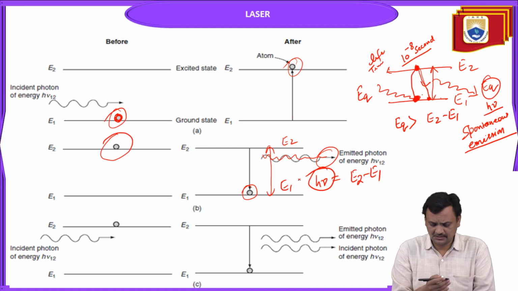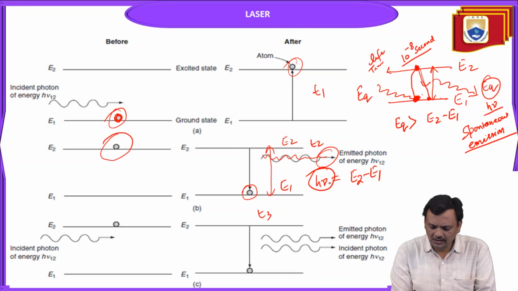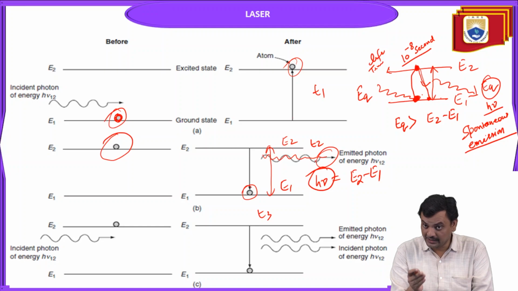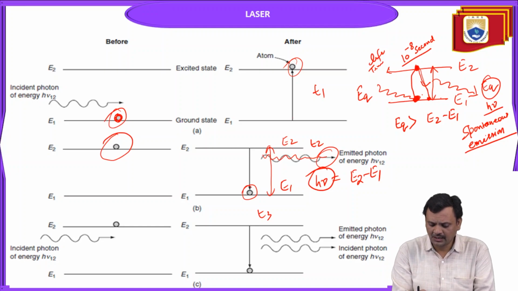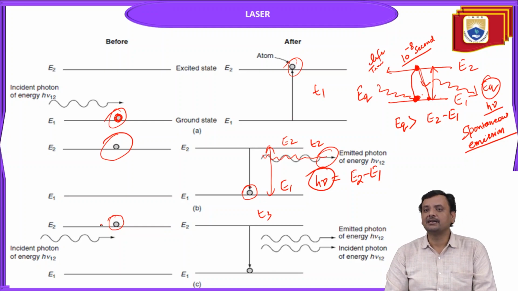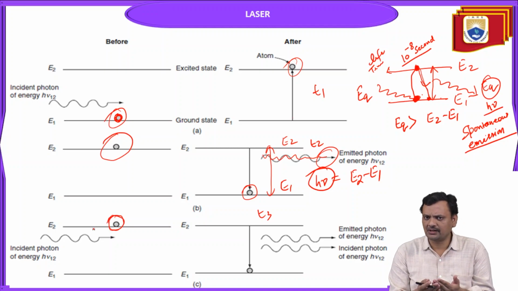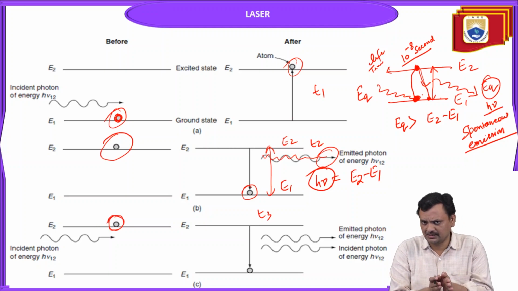Now in the next instants of time, let's suppose this is T1, this is T2, and this is T3. Now this available photon, which is generated by a kind of spontaneous emission, will hit any excited electron, meaning an electron available in its excited state.